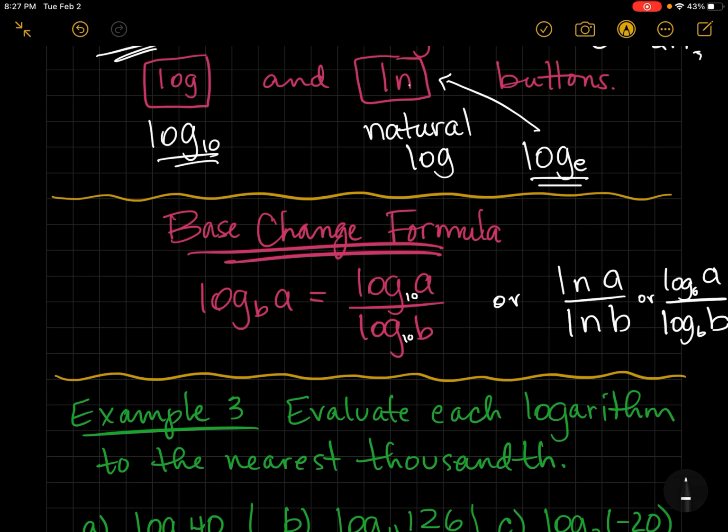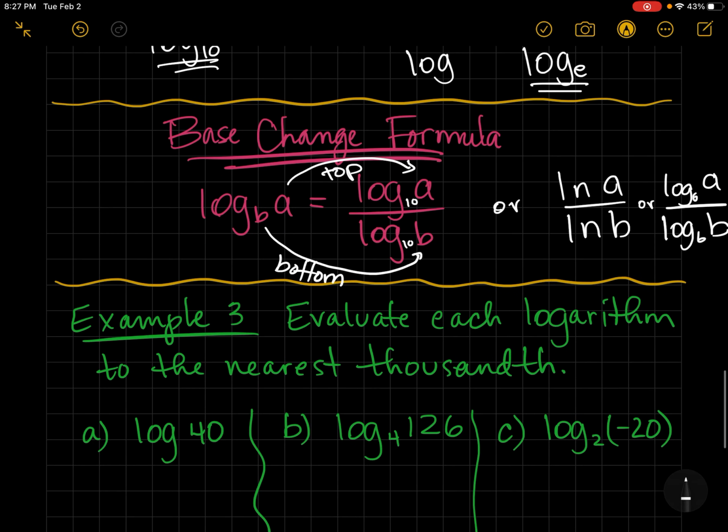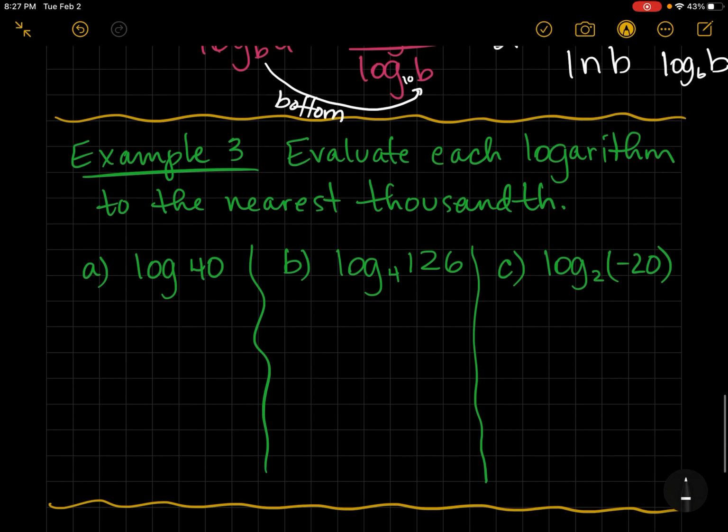But the most important thing to realize is that the big number goes on top and the small base number goes on the bottom. I always say the base is B for bottom. Okay, let me show you how to use this.